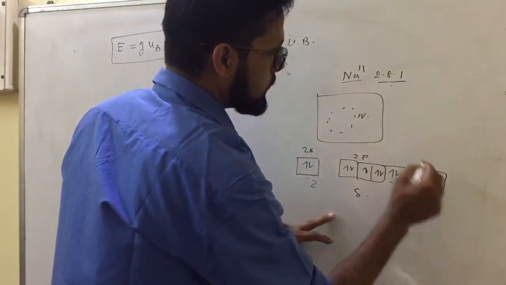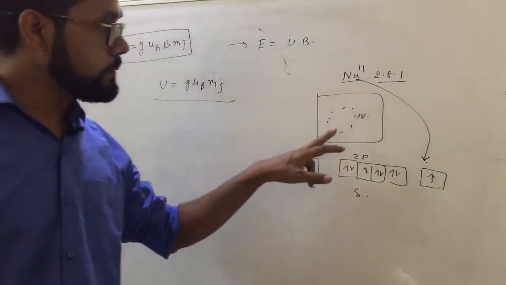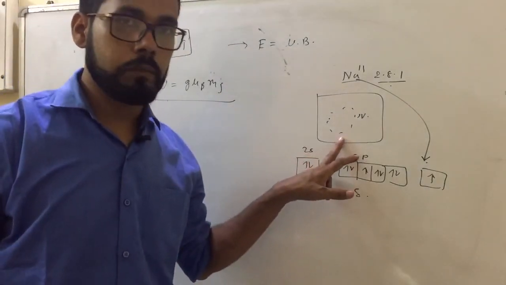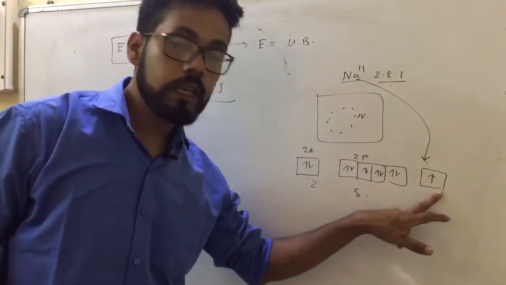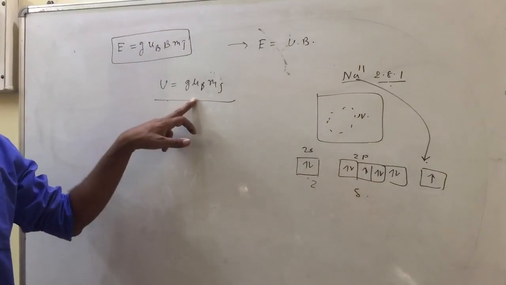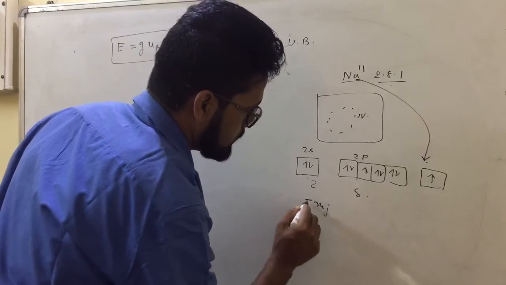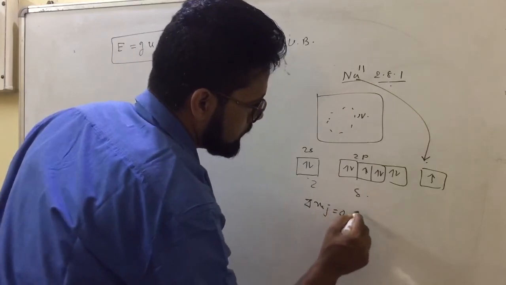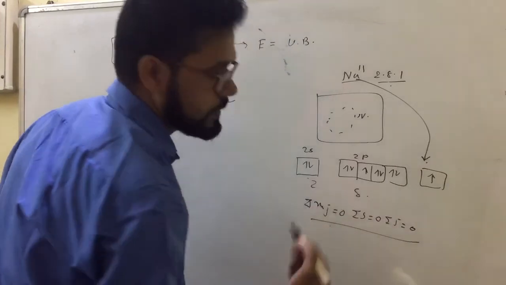This one electron in the case of sodium is unpaired. If the system is composed of n atoms and each atom has an odd number of electrons, then this electron will give the magnetic moment. For the paired part, Δmj equals 0, sum of s equals 0, sum of j equals 0.